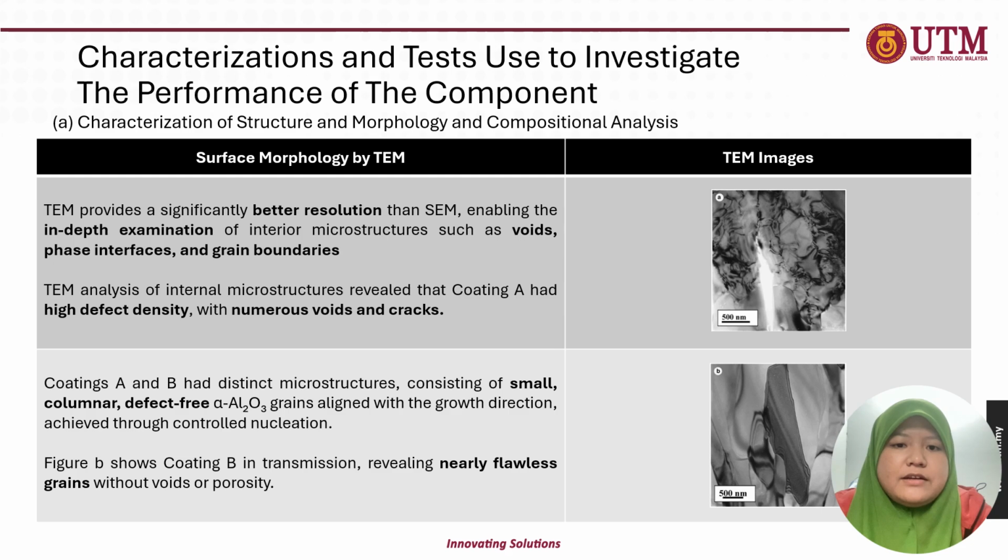For coating 1A, we can see beam scattering there, which indicates high porosity and possible cracks, so the coating has defects. When we compare to the second sample 2B, there is no beam scattering, and there is a smooth, compact layer. It indicates a nearly flawless coating, which is very good.